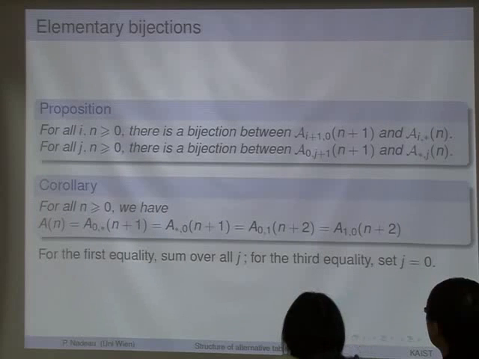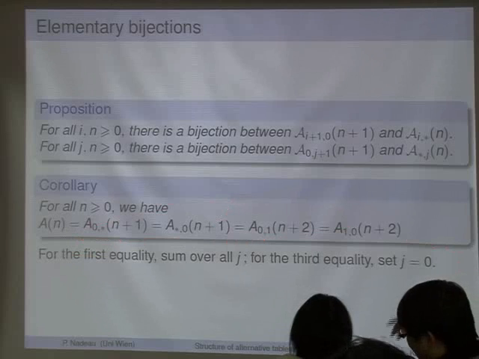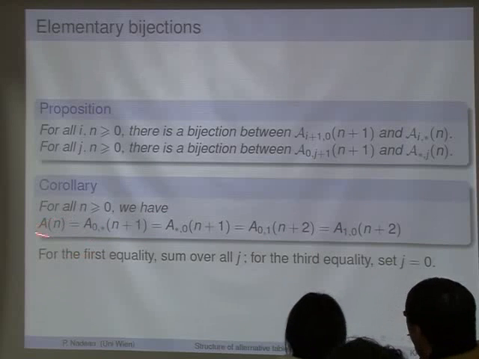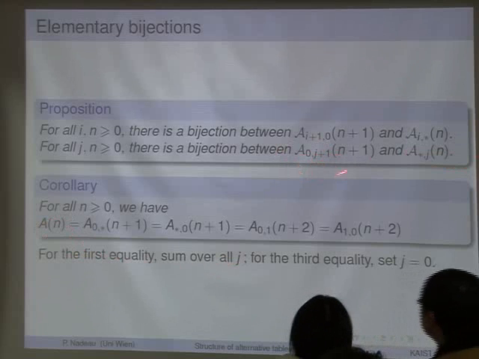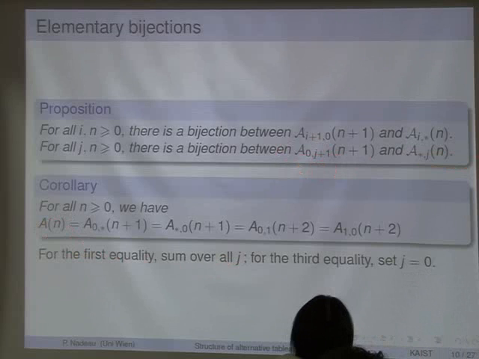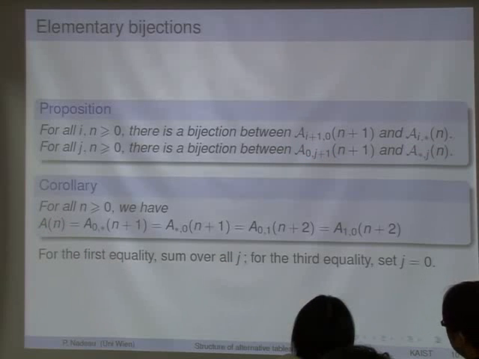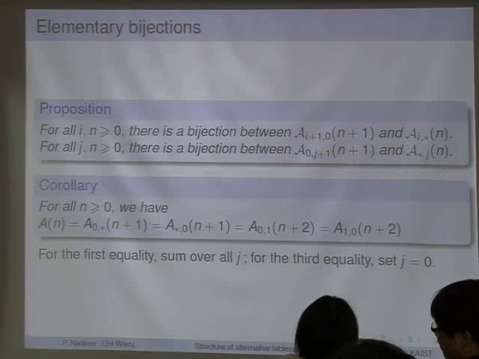Immediately you have some equalities between the different kinds of tableaux, according to whether they have free columns or free rows. The first one: if you sum over all j here, this will give you A_0 star of n, because A_00 of n is empty, but this is a particular case. If you sum over all j, you will have any number of tableaux. So this says that A of n is equal to A_0 star of n.